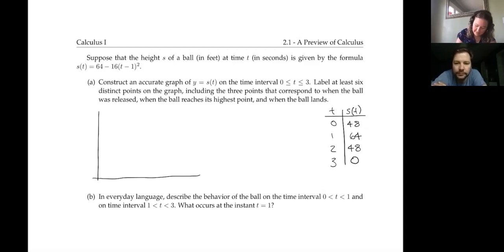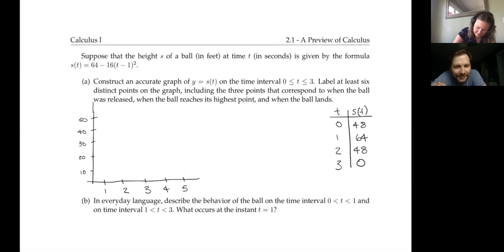So instead, maybe I want to put the numbers 1, 2, 3, 4 on the x-axis, but on the y-axis, maybe 10s or 16s. Sure, we'll just extend this a little bit.